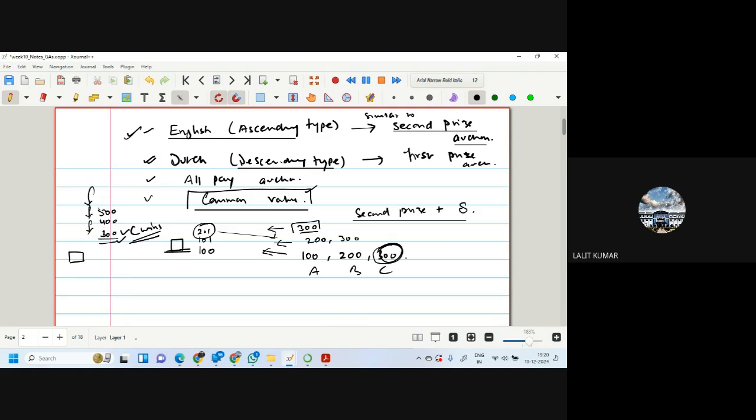So it is the first price auction, where you win and pay whatever you bid. That's why the descending type is a first price auction.